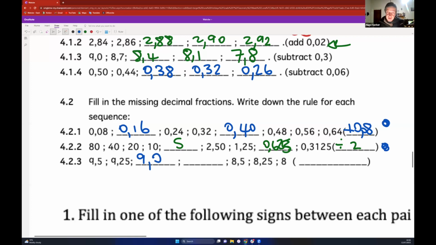Then I'm going to have 8. Try again. Try and find the pattern. I'm going to give you the pattern. The pattern is subtract 0.25. That's my pattern.